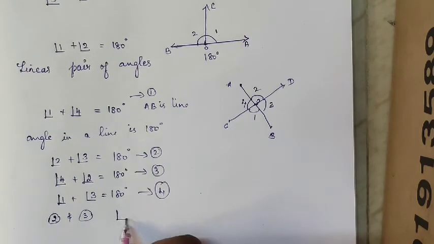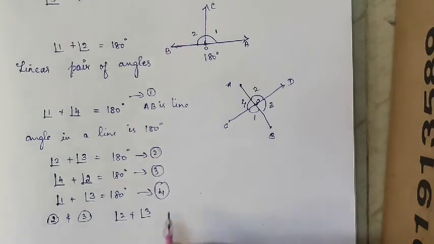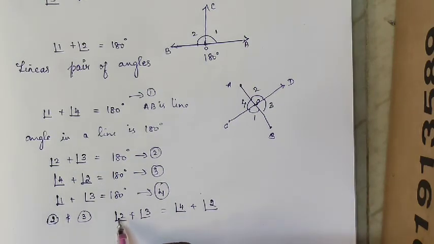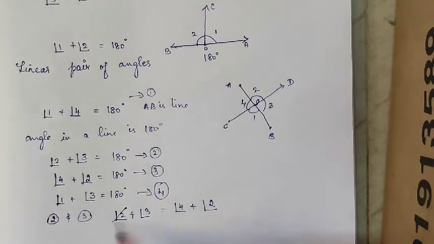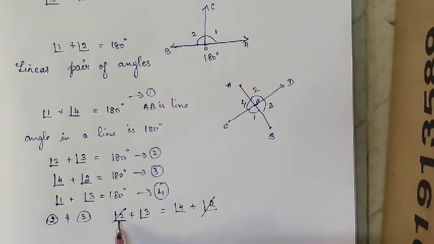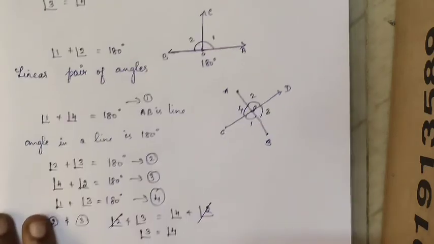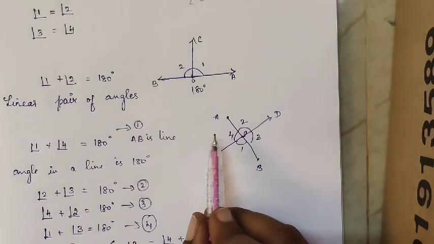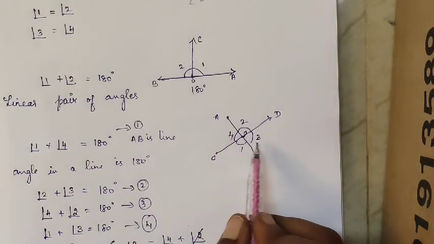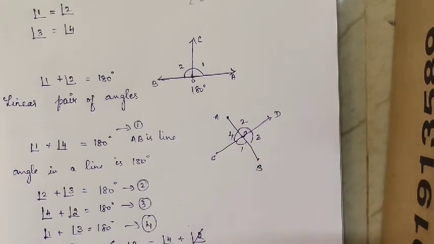So we can write angle 2 plus angle 3 is equal to angle 4 plus angle 2. This is also 2 and this is also 2, so on both sides we can cancel those two angles. Now what do I get? Angle 3 is equal to angle 4. Angle 3 and angle 4 are vertically opposite angles. That is why we say that vertically opposite angles are equal.